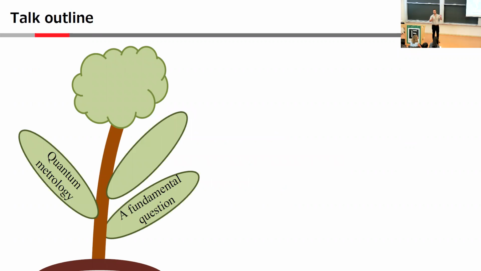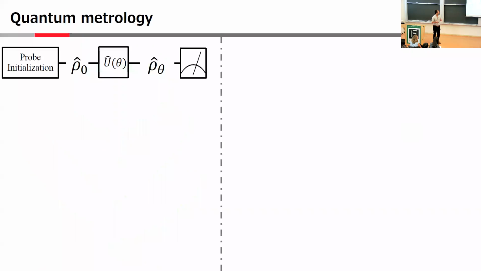So we need just a little background on quantum metrology to understand what's going to go on here. So forgive me if this is familiar to many of you. But this is quantum metrology. So up here we have the archetypical quantum metrology setup. We have something that creates a probe, rho 0.